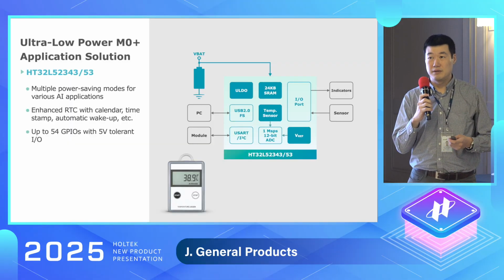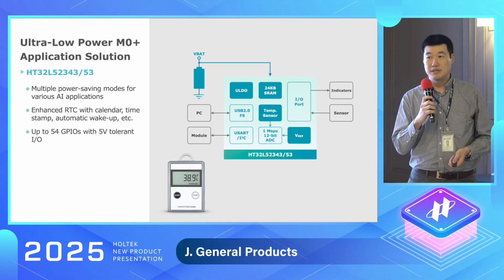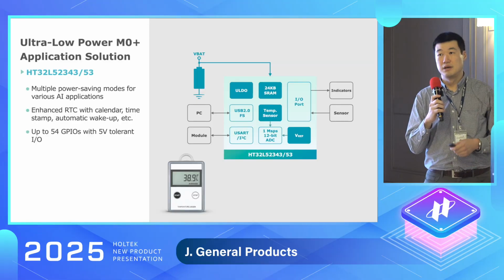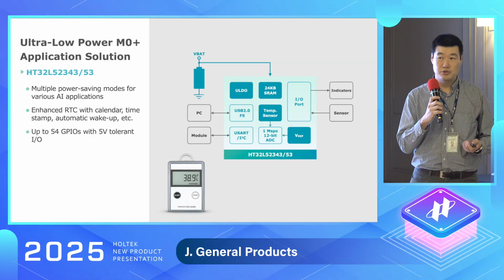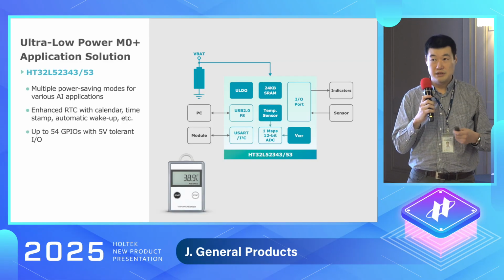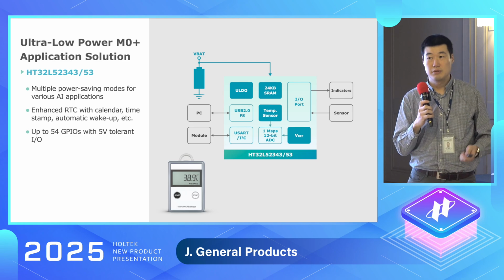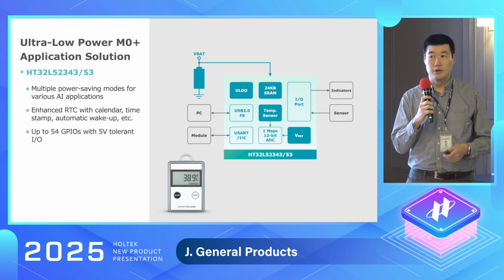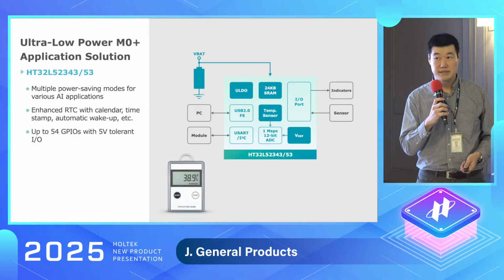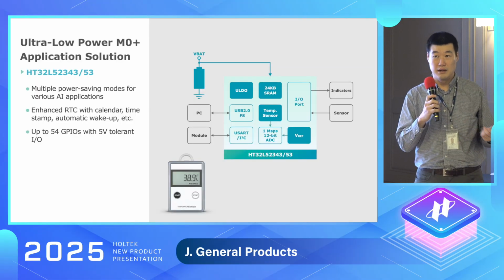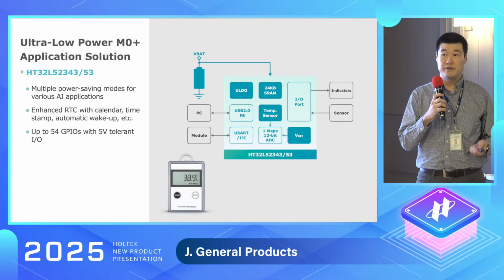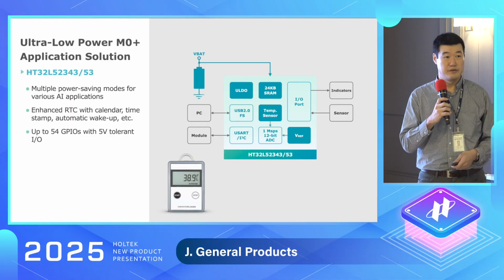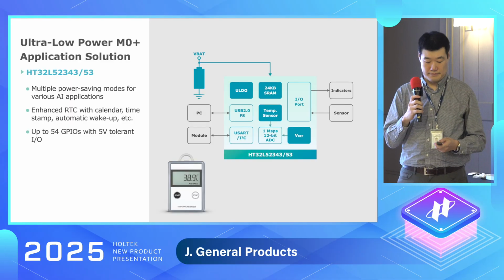And for the UART and I2C, you can connect to a module, maybe Bluetooth module, LED, LCD module, or sensor module. For the USB port, you can upgrade the function, or you can download data to your PC. So the multiple power saving modes you can use for any kind of application.